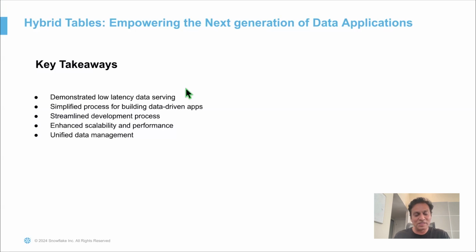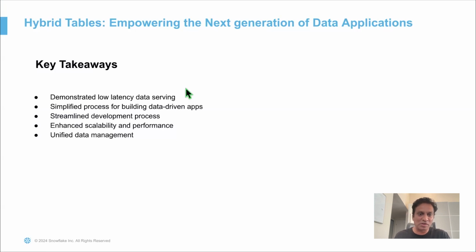We simplified the process for building data-driven apps by having all the data in one place. We don't have to have an OLTP engine alongside to serve this low latency use case. We streamlined the development process. We have built all of it on Snowflake, both analytical queries and the transactional queries are sitting side by side in the same platform.